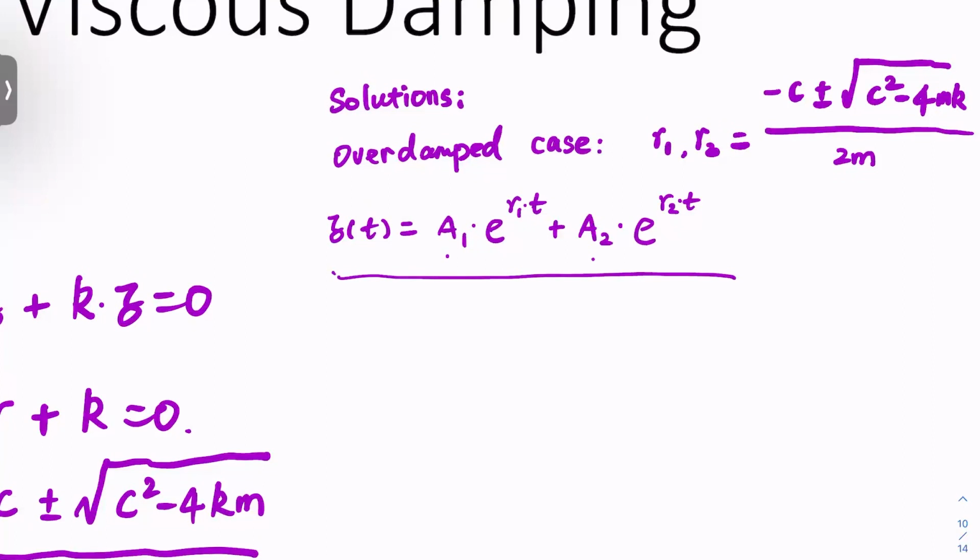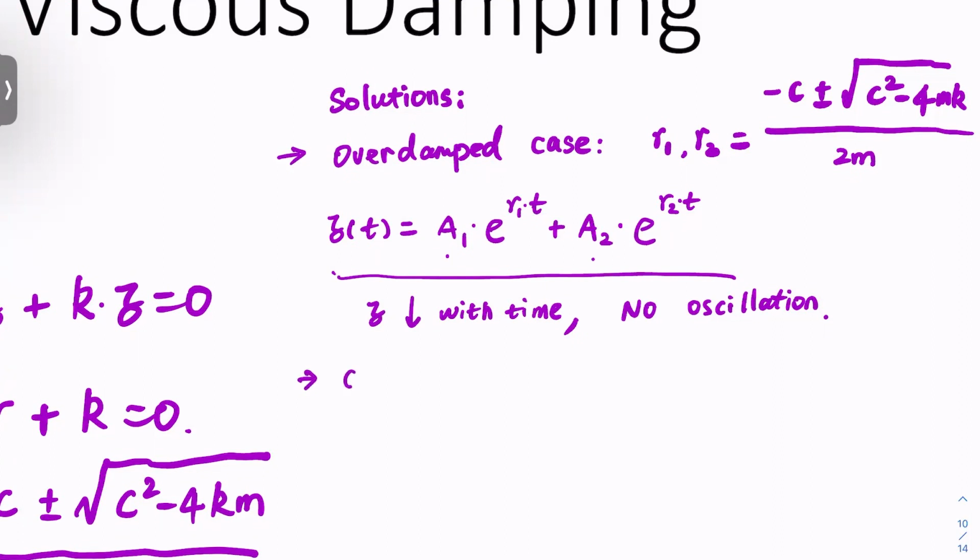That means the z will decrease with the time because the R1, R2 are negative, and there's no oscillation. They're gonna drop, and that's it. This z number is gonna approach zero from a positive number, like a power function, and that's it. So no oscillation.